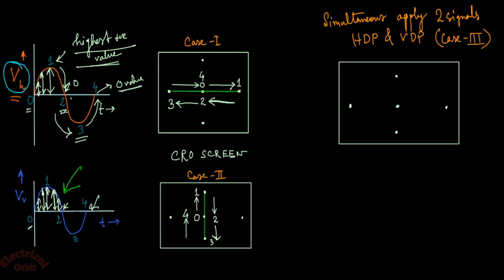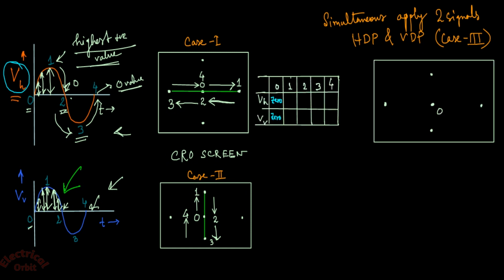At instant 0 the amplitude of the horizontal signal and the vertical signal are both 0. So at the first instant the position of the output on the CRO screen is here, at the 0 position.